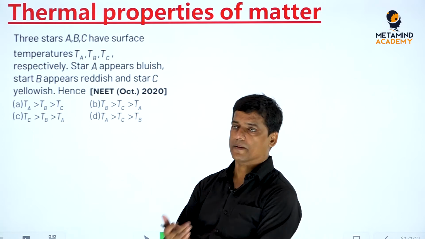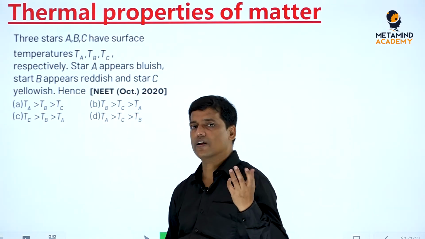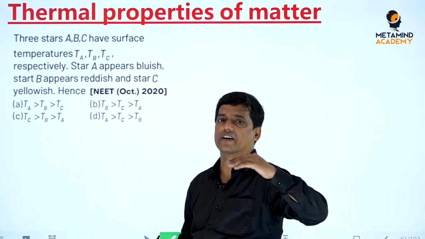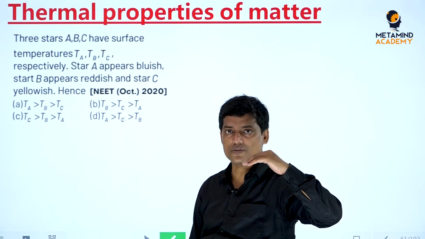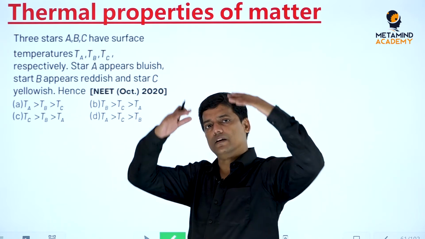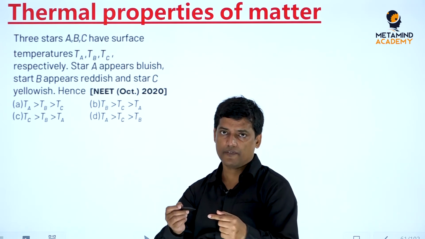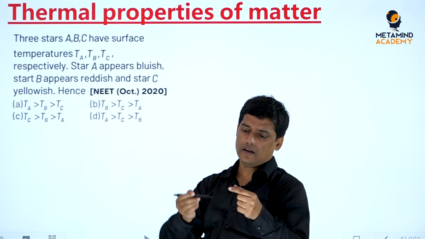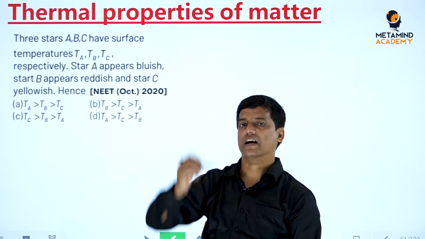With a general observation, when a rod is heated, first it looks red hot, then yellow, and later when it is super hot, it looks blue. So as you go from red to blue, the temperature is rising.